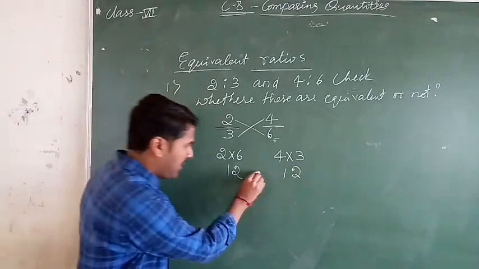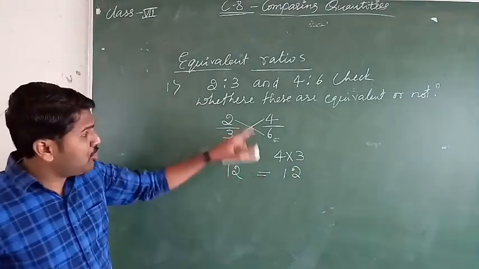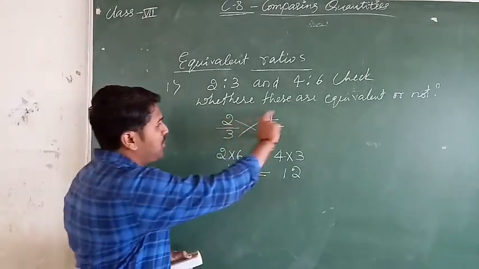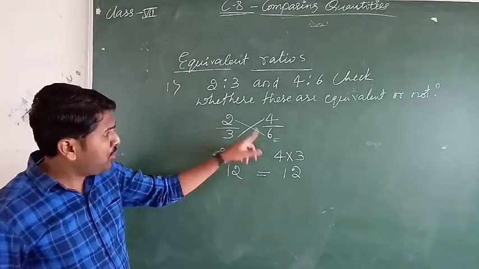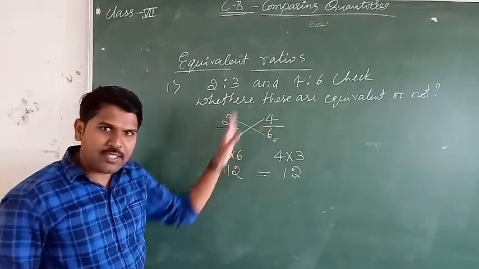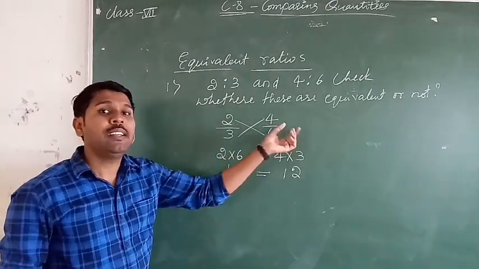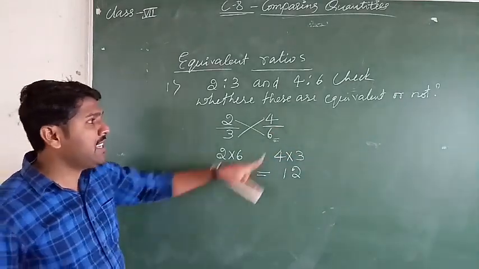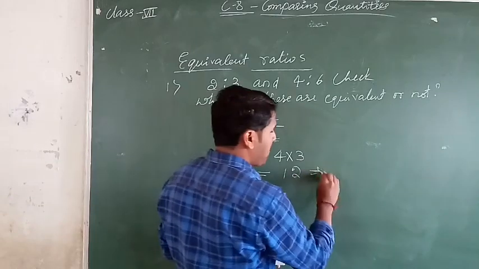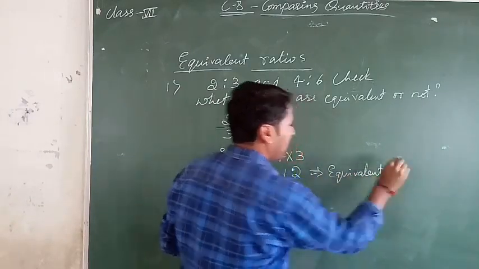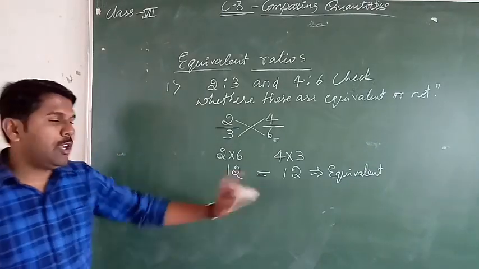If you get the same answer, then these ratios are equivalent. If you want to check whether two ratios are equivalent or not, just cross multiply. If you get the same answer, they are equivalent. Otherwise, they are not equivalent. So the first one is equivalent.